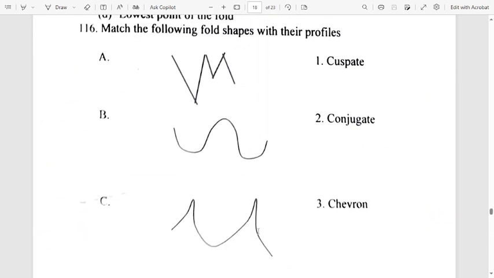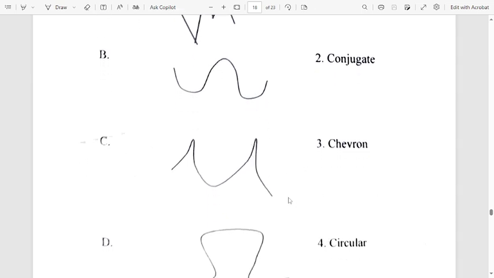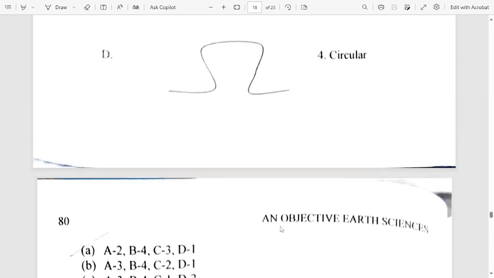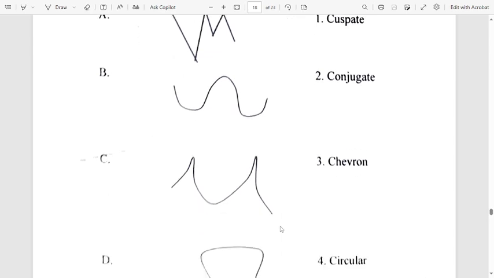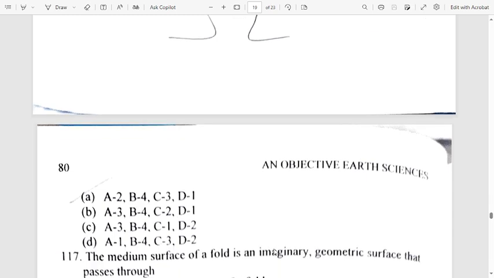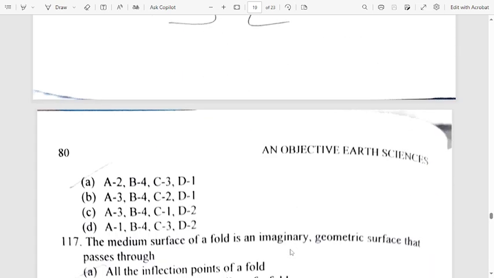Let's look at circular. A2, B4, A2, B4. This is circular, circular, and this is conjugate. So D is 1, D is cuspid. C is 3. A is chevron, B is circular.